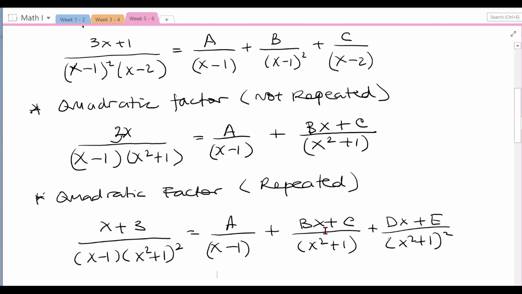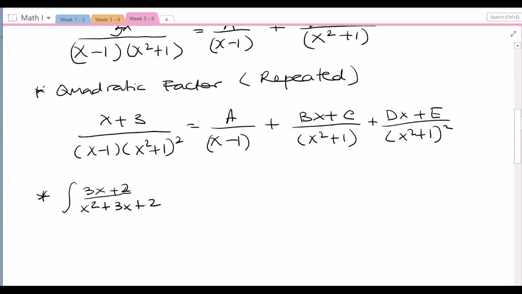So it must be one power less, which is x to the power of 1. And then the second factor is (x squared plus 1) squared, and then the same thing, this must be one power less, which is x, plus a constant. So this is quadratic and this is only one power.